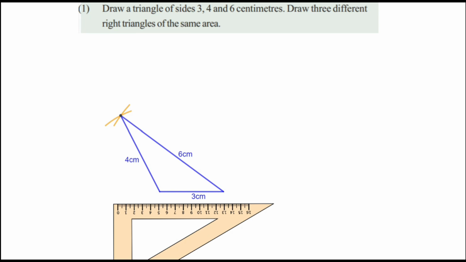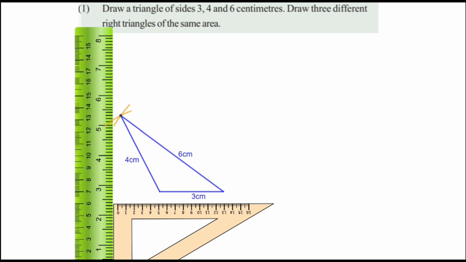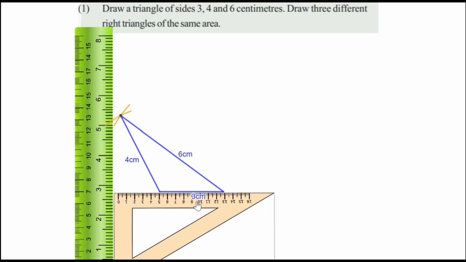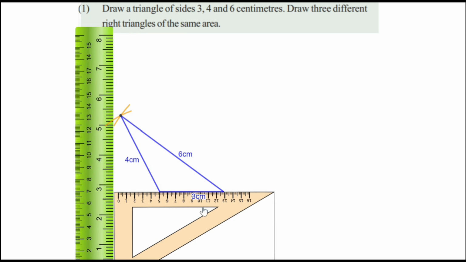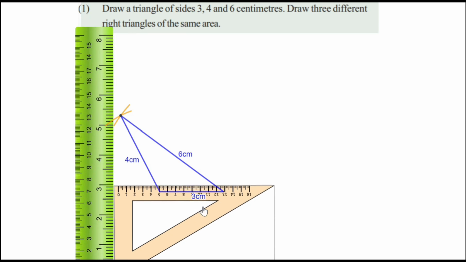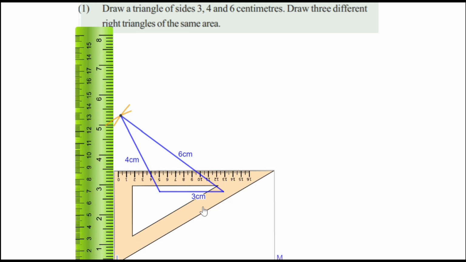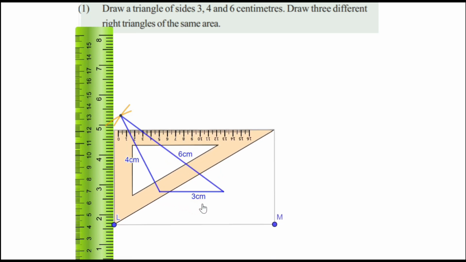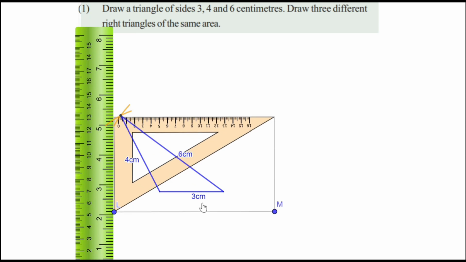You know how to draw a line parallel to a side using set square and ruler. Place the set square like this on the line. Now place the ruler like this. Hold the ruler firmly and slide the set square. Now draw a line through the third vertex.